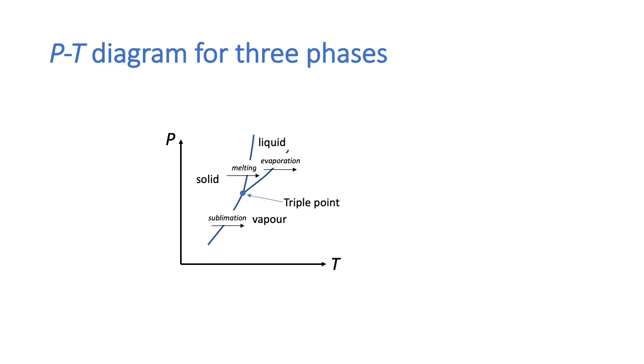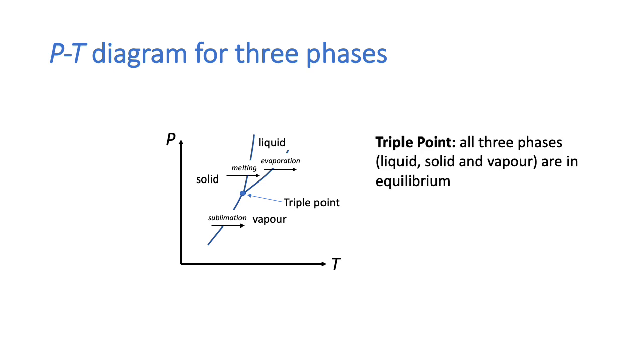The point where all three curves meet is known as the triple point. And at the triple point, all three phases, liquid, solid, and vapor, are in equilibrium. For water, the triple point occurs at a pressure of 611.73 pascals and at a temperature of 0.01 degrees C. At this state, we can observe ice, steam, and water, all three in equilibrium.